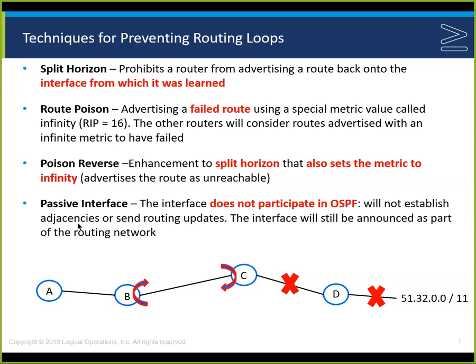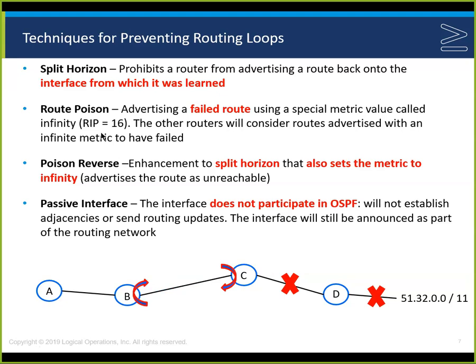The reason that happened is, back here, after this one went down, B told C that it knows how to get to 51.32. So C now sends its data to B, and the updates go from one to the other. The packet comes in, sends it to C, back to B, on around. So we create a loop here.